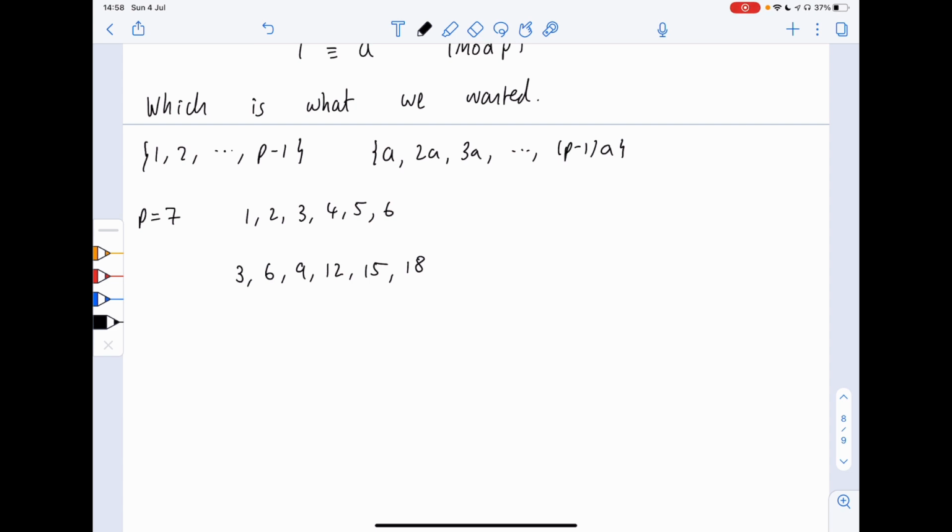So these don't at the moment look like the same list, but remember we're in mod p world, so mod 7 world. So we can change all these numbers. Well, 9 is the same as 2 mod 7, for example, because 9 minus 2 is a multiple of 7. 9 is 2 more than a multiple of 7, that's a different way of saying it. 12 is 5, right? 15 is 1.